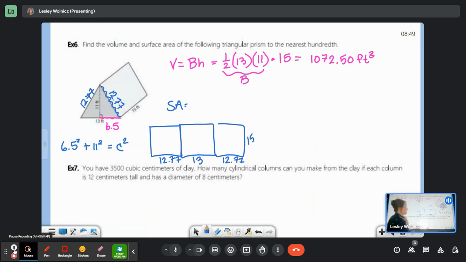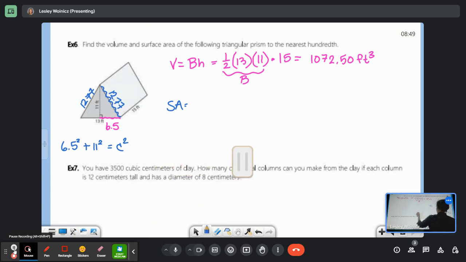Okay. So do you see that the width of this massive triangle is just our sides added together from our base? That's just the perimeter of the base. Okay. It's going to be in my way, so I'm erasing it. So I'm doing 13 plus 2 times 12.77 times 15.